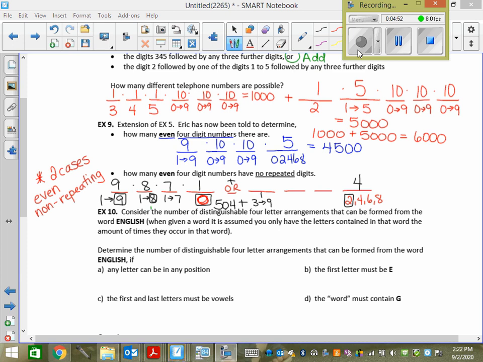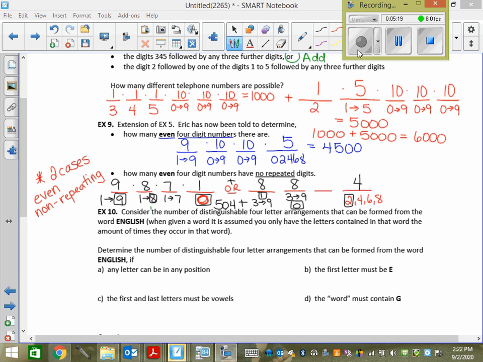Which is how many options? 8. Box the 1, then I have 3 to 9. So now I have 7. I actually have 8, because what do I have to remember to do? Bring back that 0, because we didn't use it here, and we didn't use it here, right? So we bring back our 0, and we have 8.